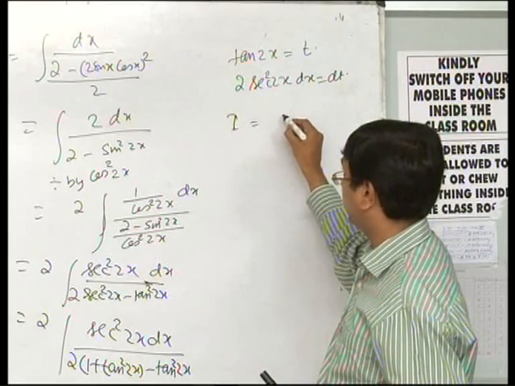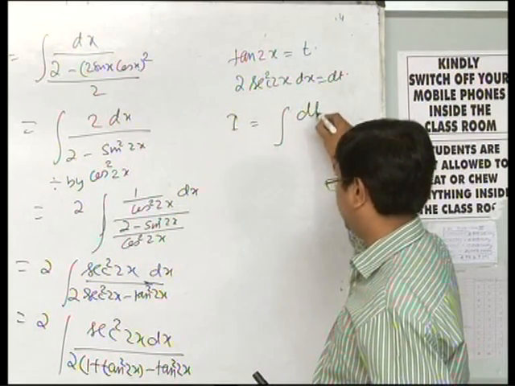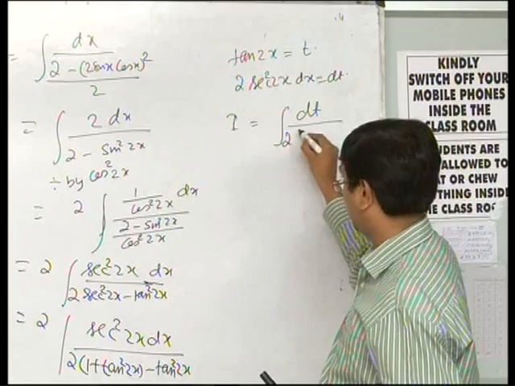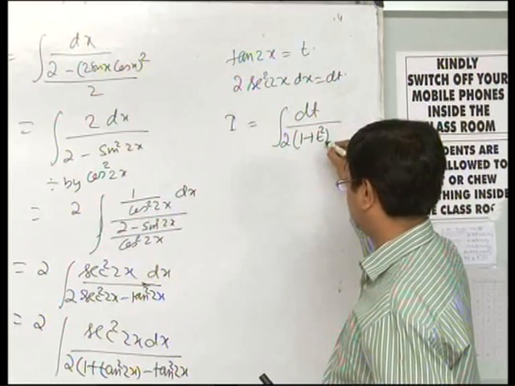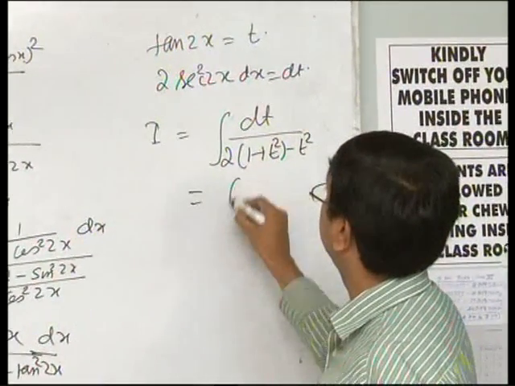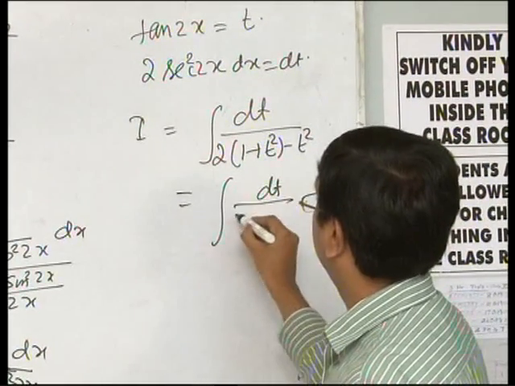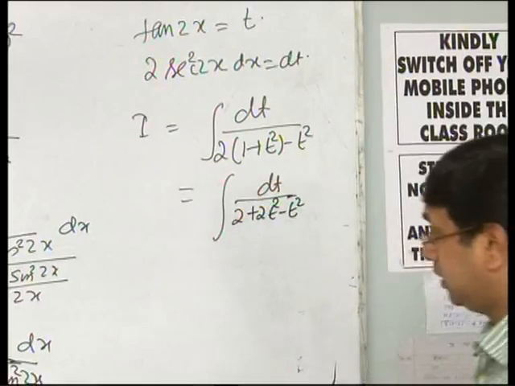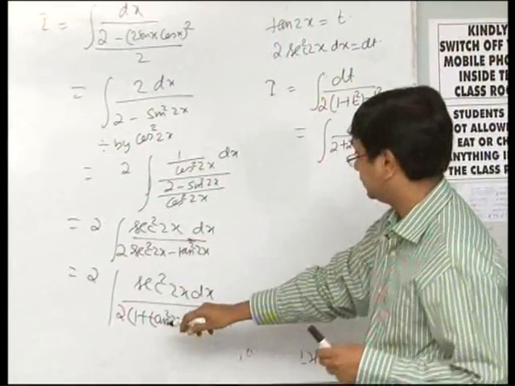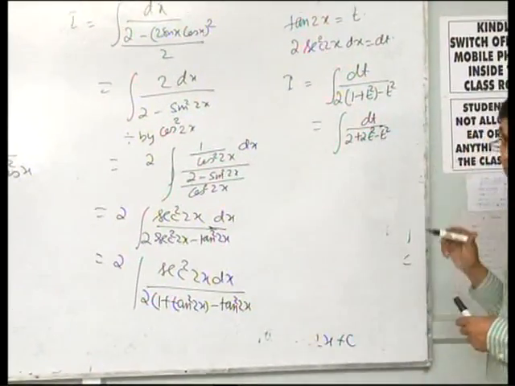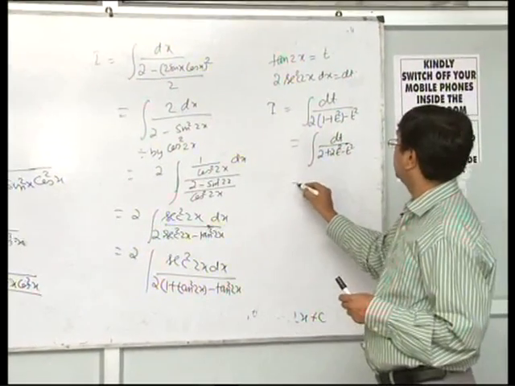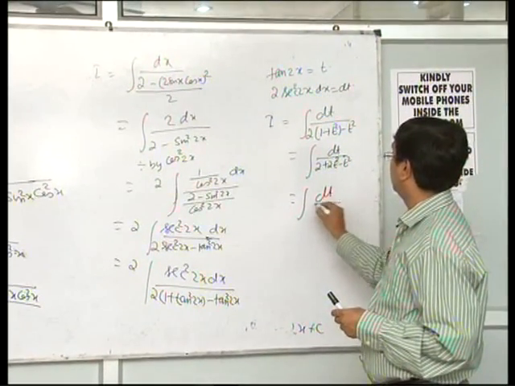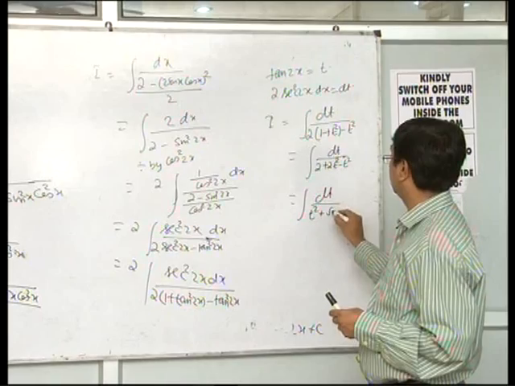So my I would become what? dt upon 2 into 1 plus t square minus t square. So that is 2 plus 2t square minus t square. Right? I suppose we are going right. Yeah, 2 into 1 plus t square minus t square. So this particularly would be what? dt upon t square plus root 2 whole square.